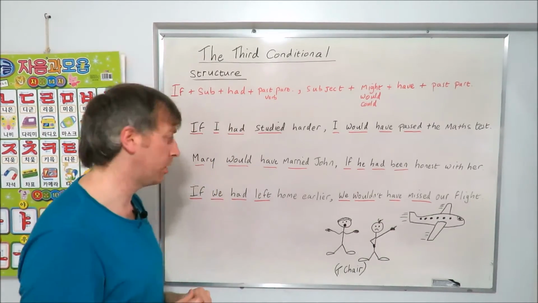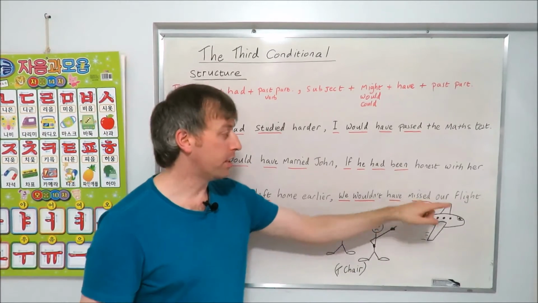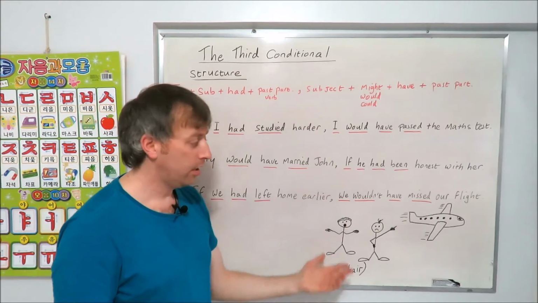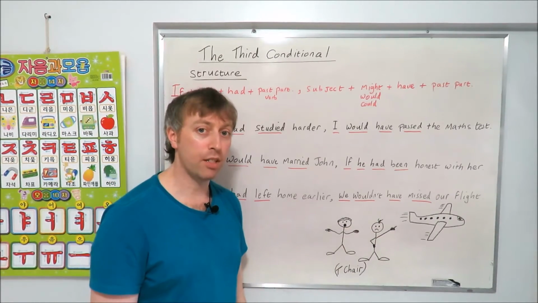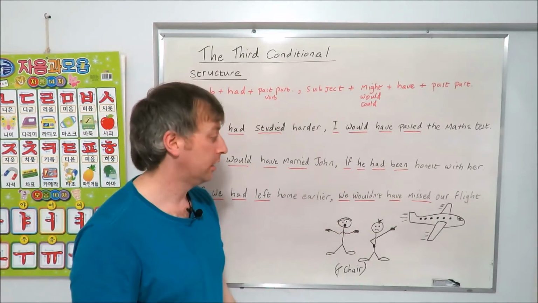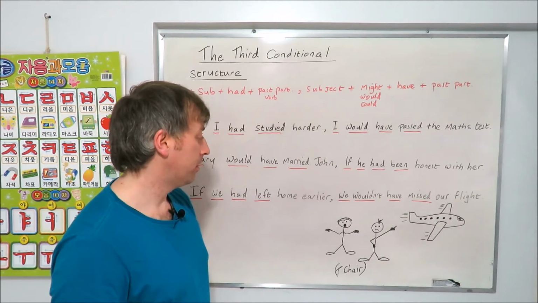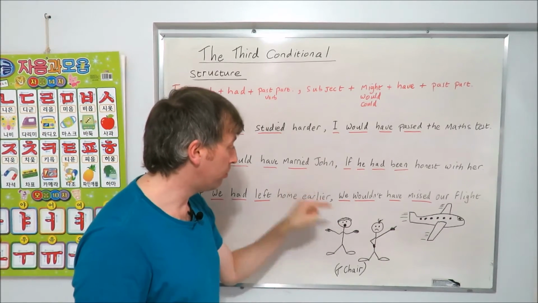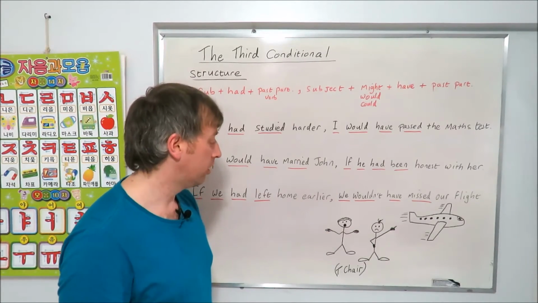Okay, let's look at the last one here. If we had left home earlier, we wouldn't have missed our flight. You can see our friend T-Chair here, he's not happy, he's missed his flight, the plane is gone, and he's there really upset. I warned you, you should have been there on time. That was not very British of you. He's British, and he was not punctual.